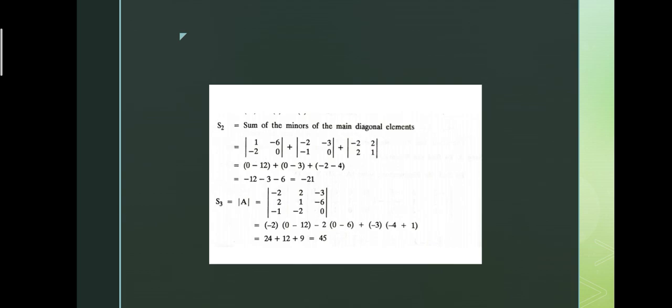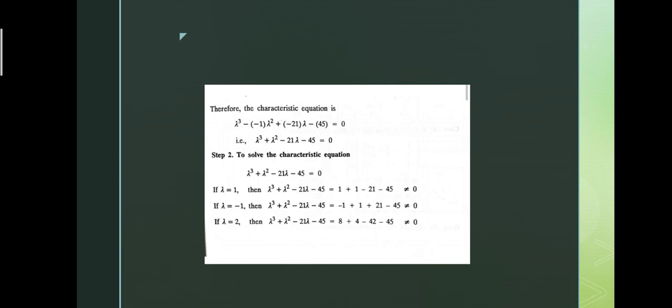s3 equals the determinant of A. For the given matrix, -2(0 - 12) - 2(0 - 6) + (-1)(-12 - 3)... which equals 45. So s3 equals 45. We substitute the s1, s2, s3 values.